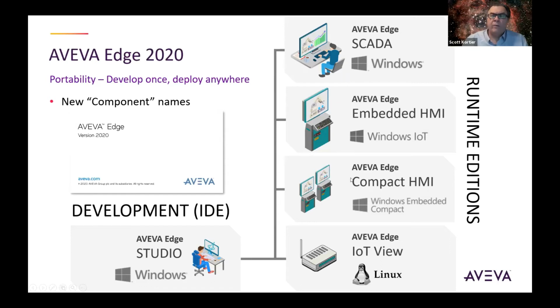The 4 different runtime licenses that you see here, they are called AVEVA Edge SCADA for running on Windows desktop or server editions. And then we have AVEVA Edge Embedded HMI for Windows embedded operating systems, Compact HMI for what was Windows CE, now Windows Embedded Compact, and the license IoT View specifically for Linux.